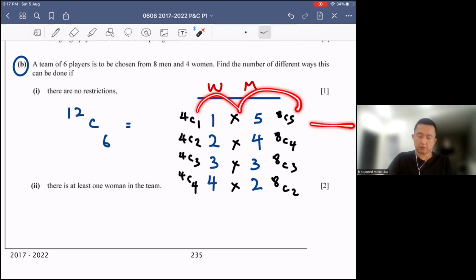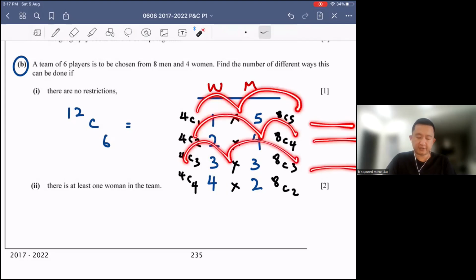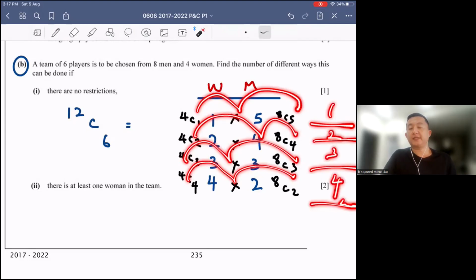You got the answer here. And you do that, you got the answer here, and you do that answer number 3, and you do that answer number 4. Because we do not know which is the case, at least one. It could be case 1, 2, 3, or 4. So these 4 answers, you add up together because you don't know which one is the case. It's an OR, not an AND. This is the long method.